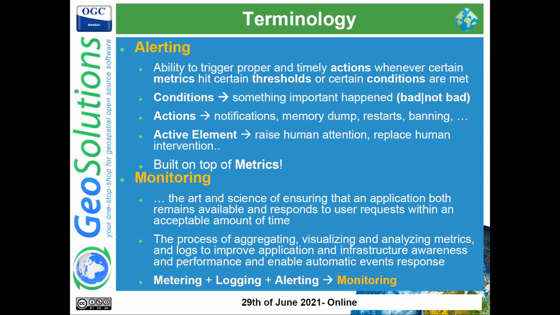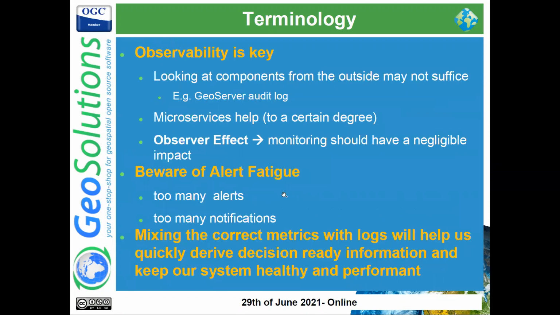So monitoring, generally speaking, is a combination of all the things that we just introduced. Metering, logging, and alerting all work together towards implementing monitoring of your system or infrastructure. So observability is important.